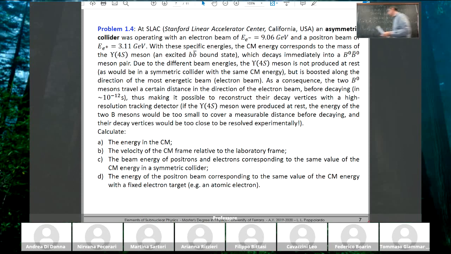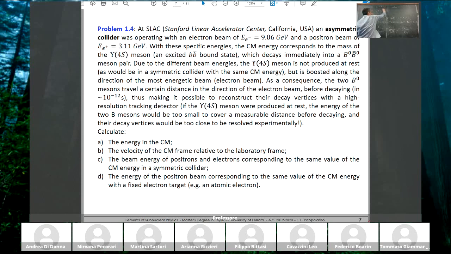So beta of the epsilon is P c divided by E of the epsilon, and substituting the numbers we have 5.95 GeV over c times c divided by 12.17 GeV.